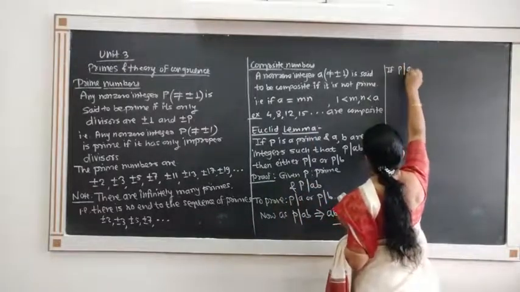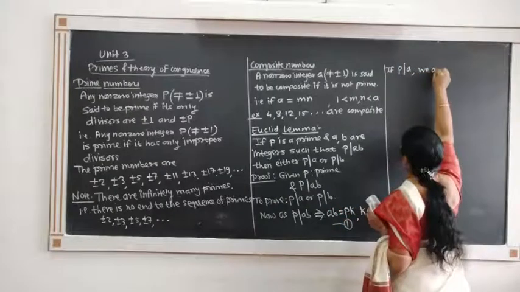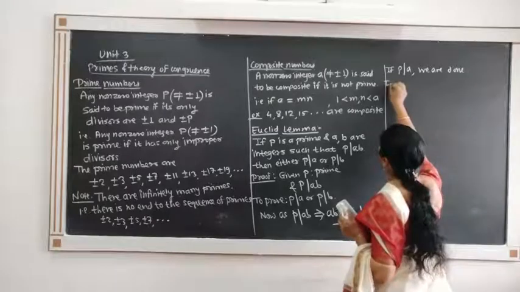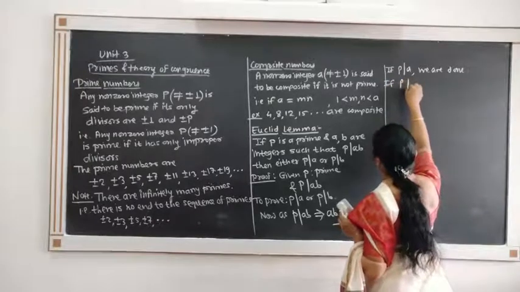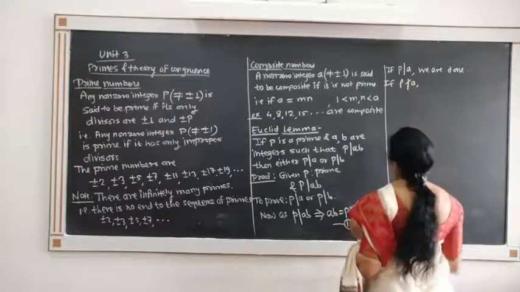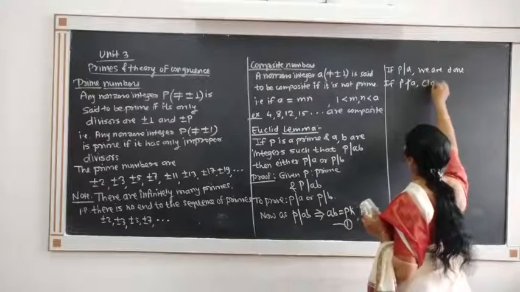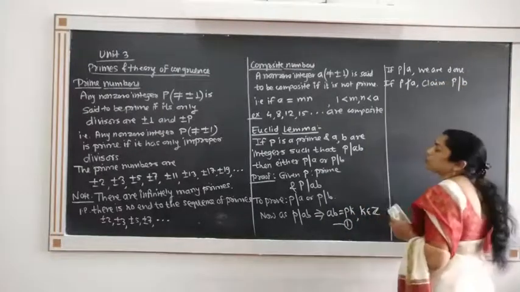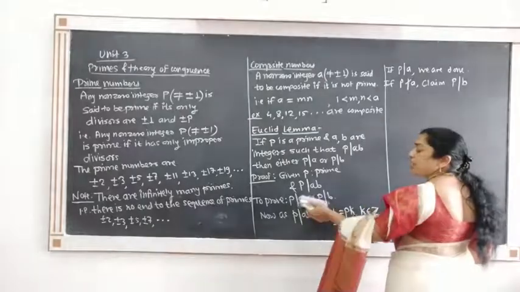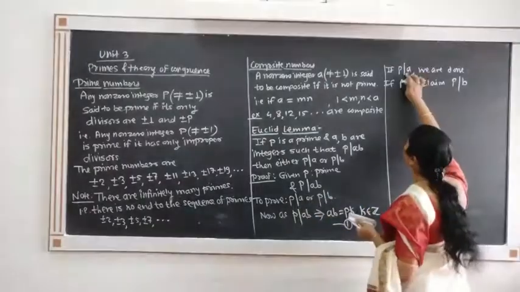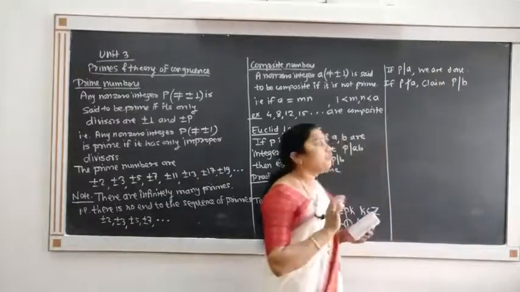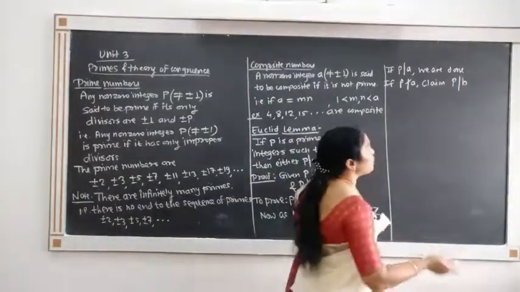If p divides a, we are done. But if p does not divide a, then we will claim that p must divide b. If it does not divide a, we should prove that p divides b.